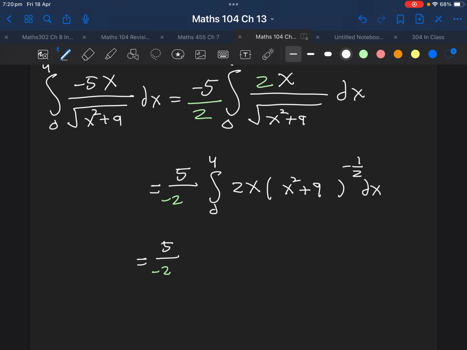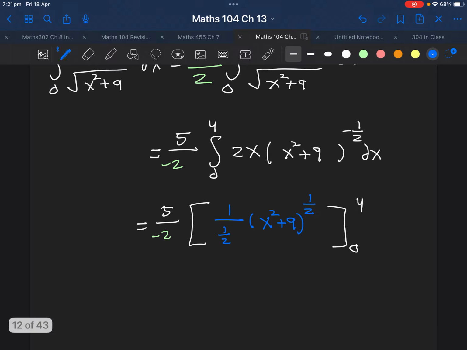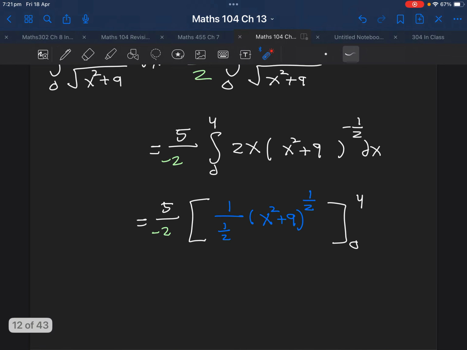And then the rest of the question. So it will be x squared plus 9 to the power of half, and then you divide by half. And then you have to substitute 4, and then you have to substitute 0.